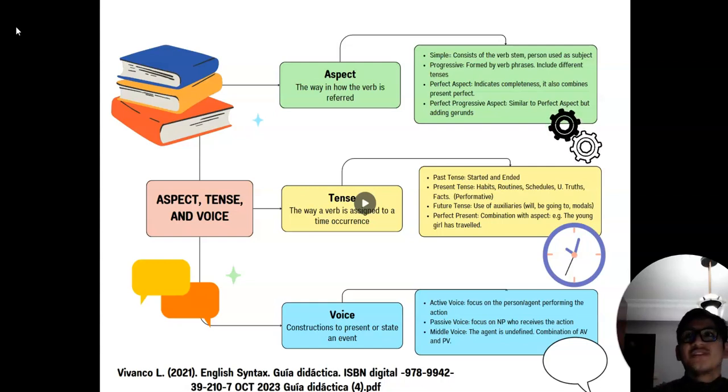We don't expect to teach properly when we don't even master this type of content. The grammar and the grammatical aspects are important in language teaching.